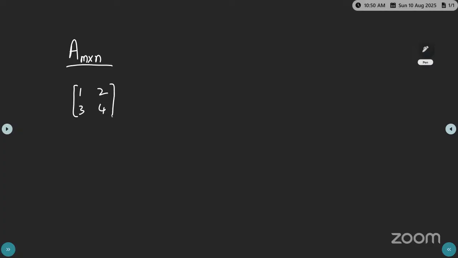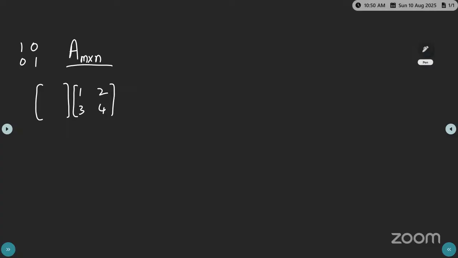So now here, if you are having a square matrix 1, 2, 3, 4, let it be 2 by 2. Now by pre-multiplying an elementary matrix, the elementary matrix means 1, 0, 0, 1.